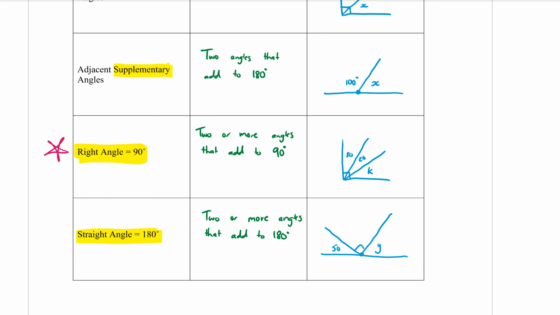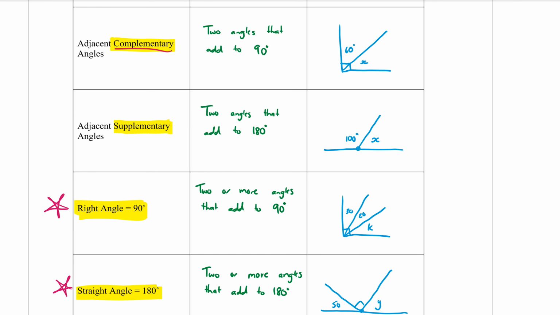Any time you're trying to find a pronumeral and the angles add to give a straight angle, we're going to use this reason here: straight angle equals 180. But just like before, I do want you to know this word supplementary, and that it means two angles that add to 180, even though we're not going to be using that reason very often.